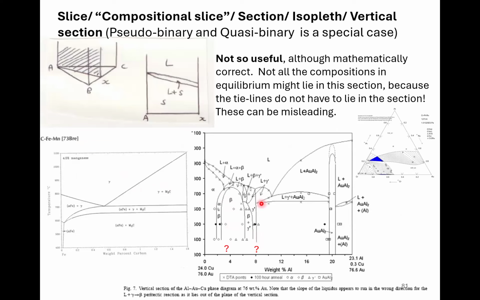And then this unfortunately has got my name on it. This is a section going through a ternary, which is copper, gold, and aluminium, and that just shows you how you get a section. If you can imagine drawing a straight line anywhere, these are two different systems, but if you draw a straight line, you're never going to get the tie lines all lying in that section.